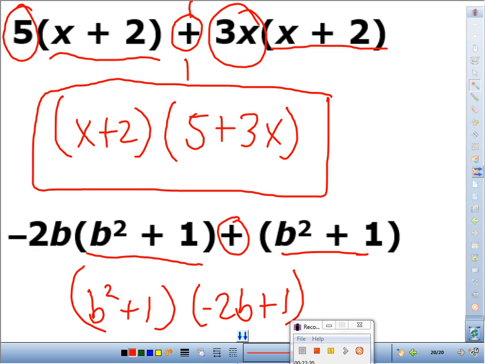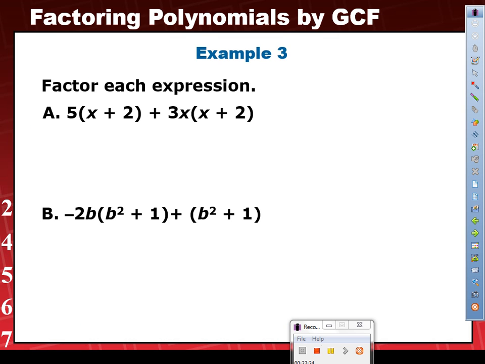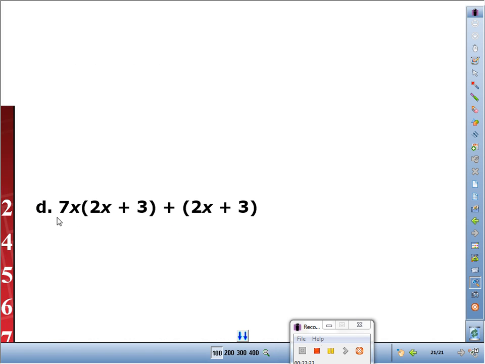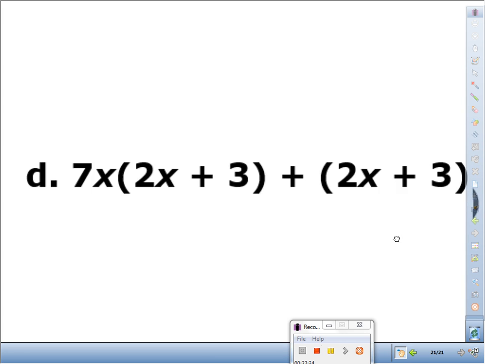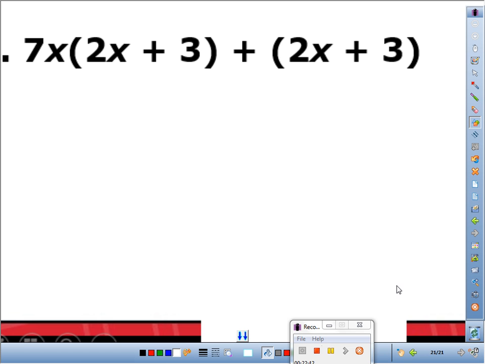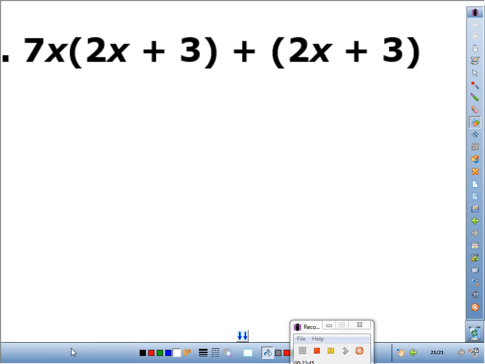How are we doing? Okay, let's do a couple more. Copy these. Don't do C, I want you to do D. Example 3D. Get it, 3D? Copy that one, see what you do, see what you get.